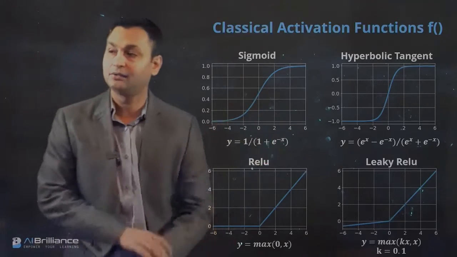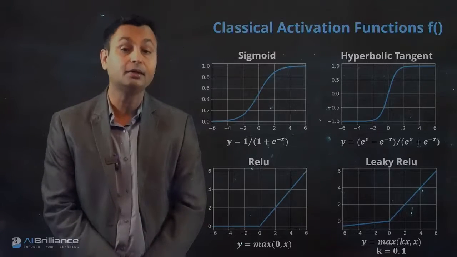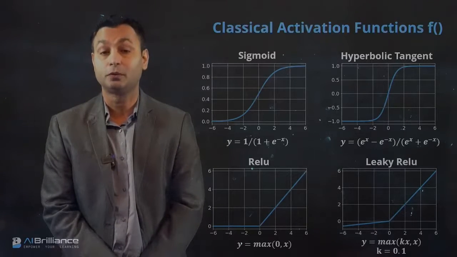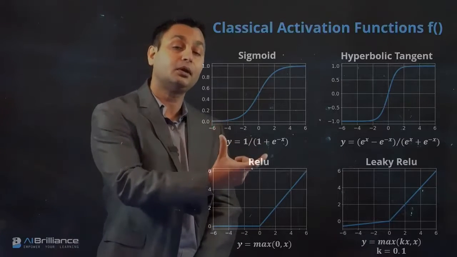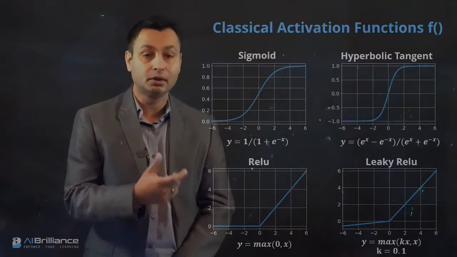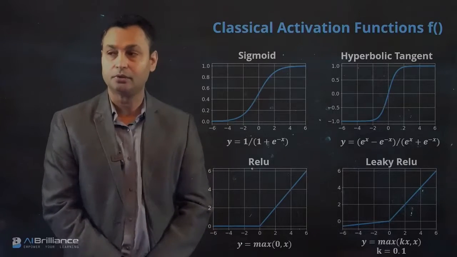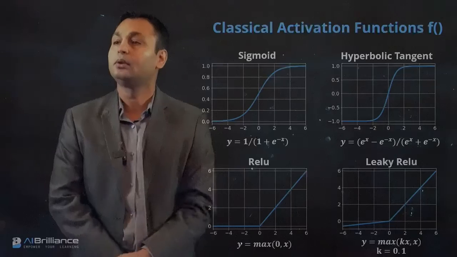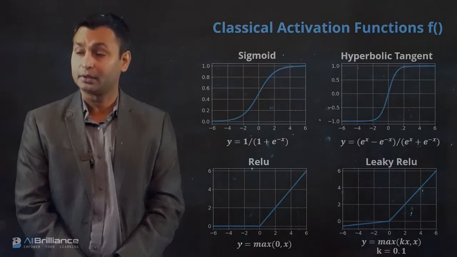Remember, there are two computations, right? The linear combination of input with weights plus a bias, which is the Z computation, and then you pass that on to an activation function. The linear combination of weights with X plus bias is a simple computation, but you need to consider the use of the activation function. These are the four main ones that are typically used.